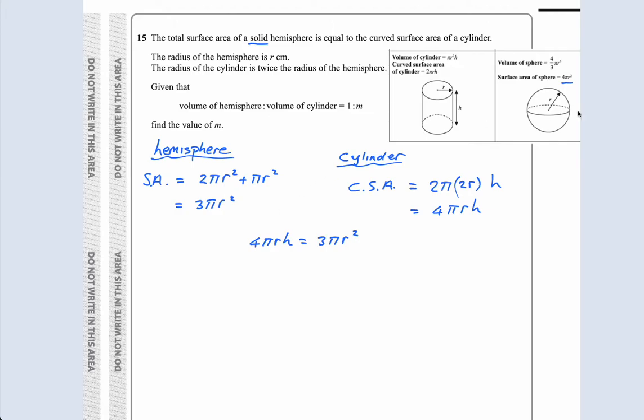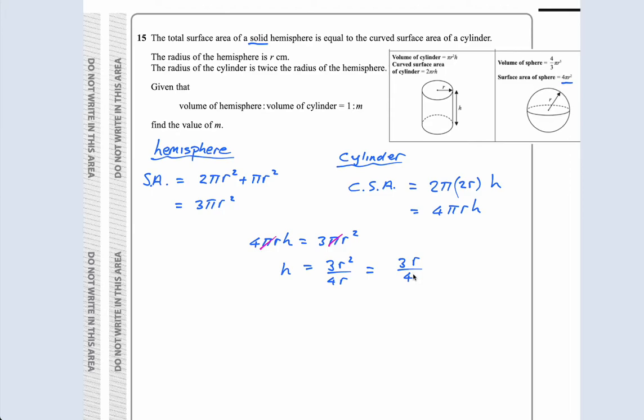So firstly, divide both sides by pi. I can cancel the pi's. Hopefully that's okay. And then I can divide by 4 and divide by r. So it's 3 r squared over 4 r, which is actually equal to 3 r over 4. So the height of the cylinder is 3 r over 4.